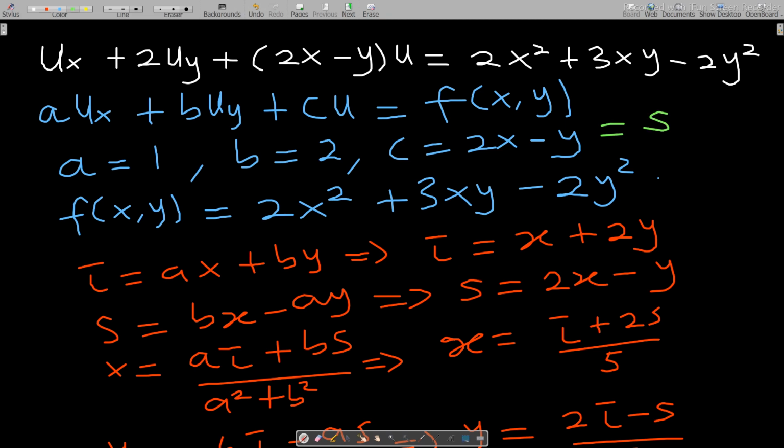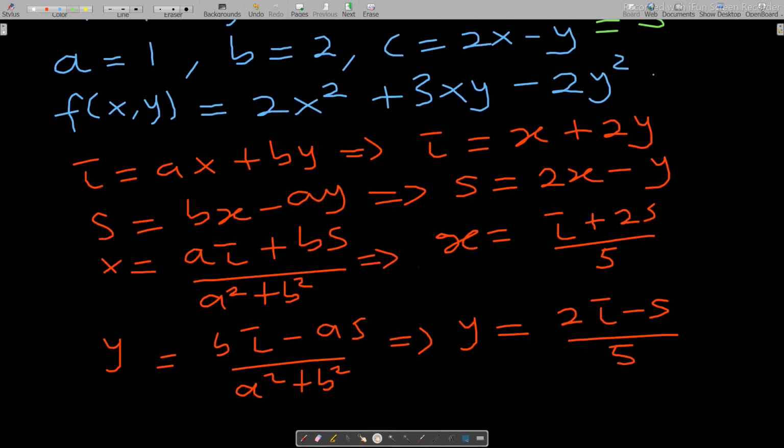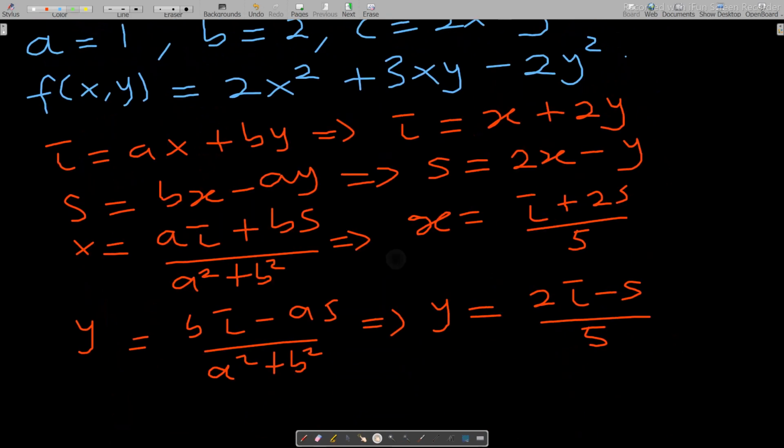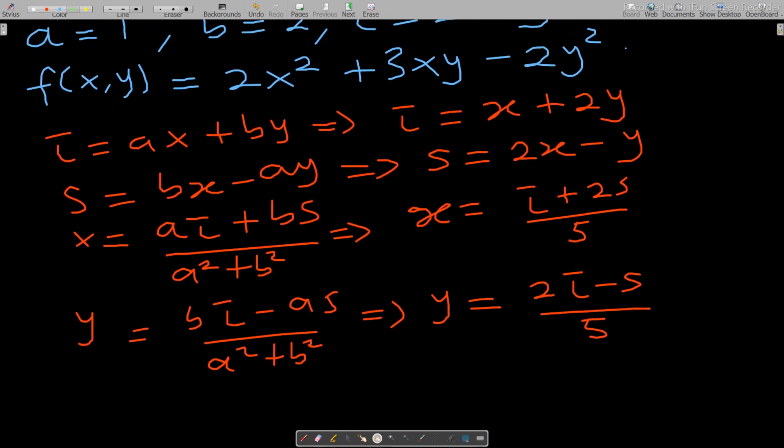But what is our f of x y? We have a lot of work to do here. We said you have to transform our f of x y to f of s tau. Now let's do this work here.